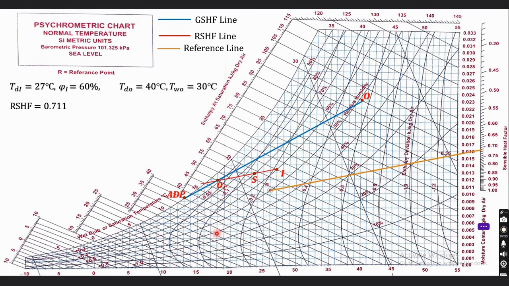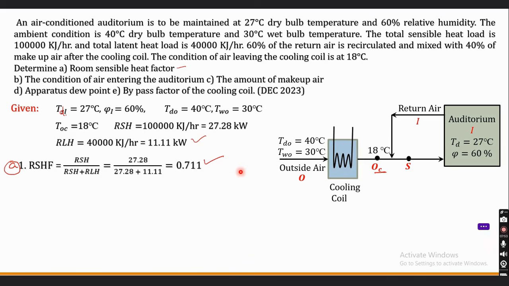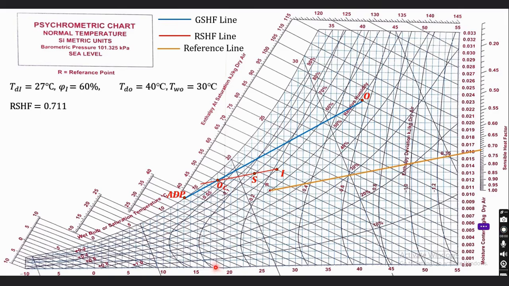So this is the line of 18 degrees Celsius temperature. This point is on the red line, indicating OC, because in the flow diagram itself the point after the cooling coil is OC, that is 18 degrees Celsius, right? So I get the point OC over here, which must lie on the room sensible heat factor line. Right?